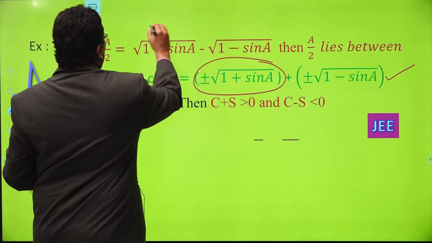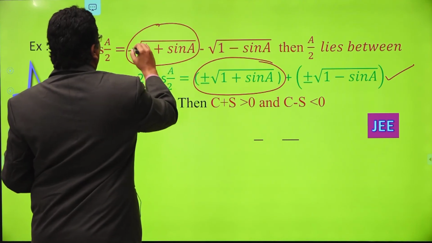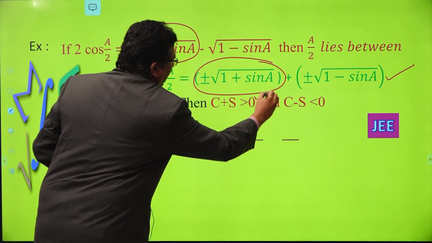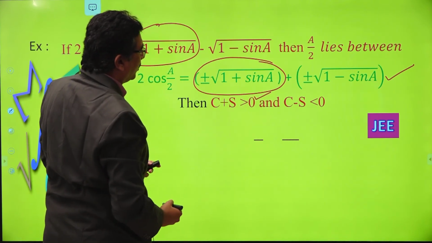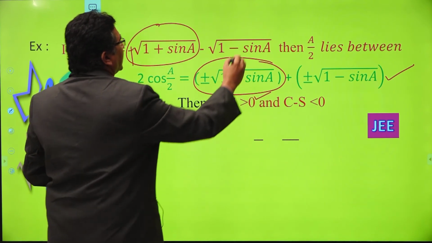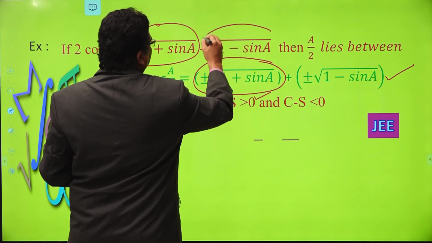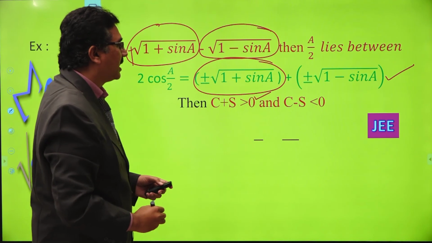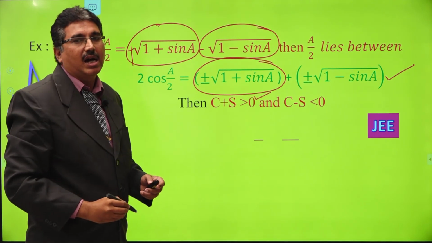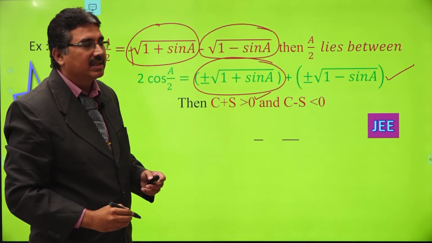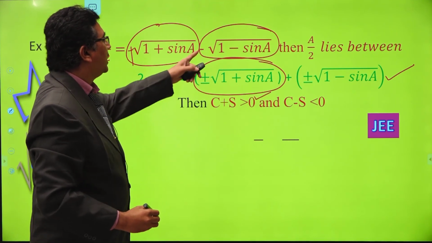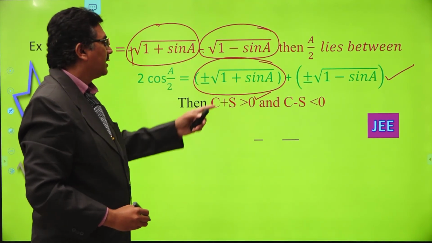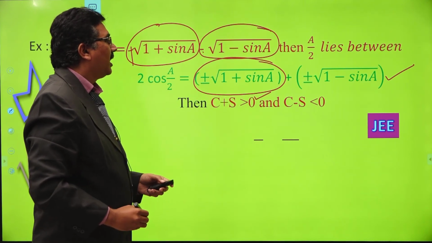Here this is plus sign, this is plus sign, so c plus s is greater than 0. Right? This is the value of c minus s, that is cos a by 2 minus sin a by 2, that is less than 0. Right?